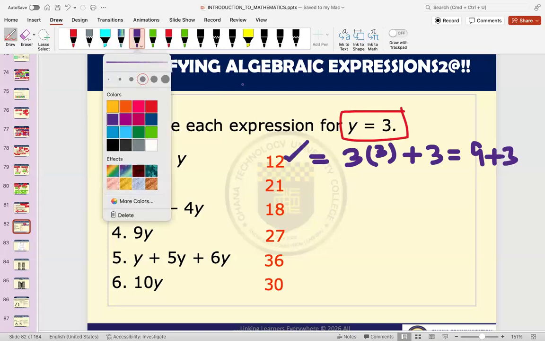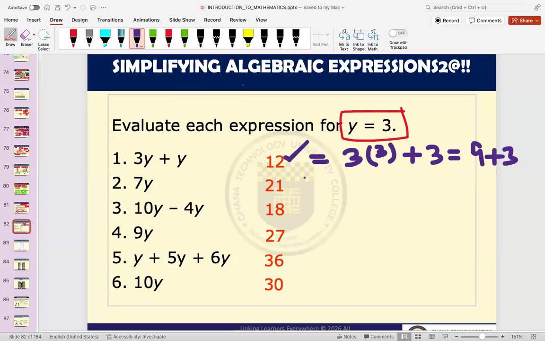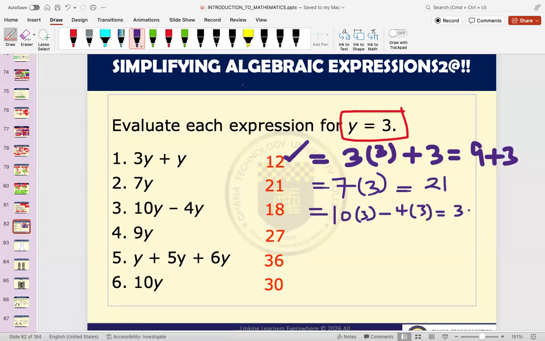So this one, you don't waste too much time. 7y equals, wherever you see y, put 3 there. 7 times 3 gives you 21. 10y minus 4y, same thing, 10 into 3 minus 4 into 3. This gives you 30 minus 12, and that gives you 18.